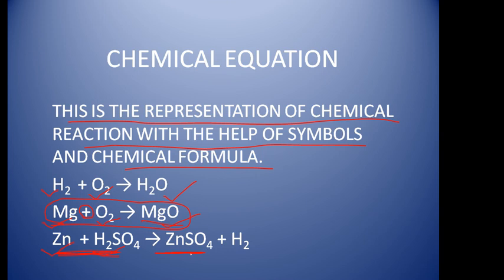Zinc and H2SO4 react to give ZnSO4, the formula of zinc sulfate, and hydrogen gas. Is this clear? Chemical equation is the representation of chemical reaction with the help of symbols and chemical formula. Okay, got it? Come to the next slide.